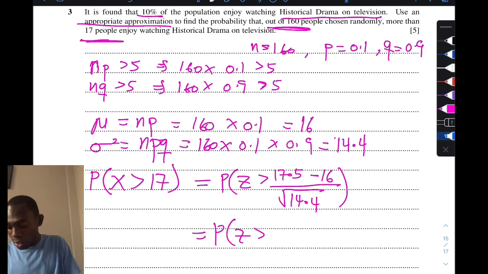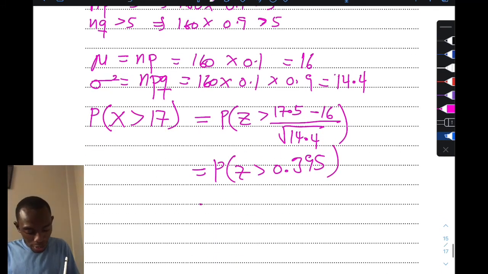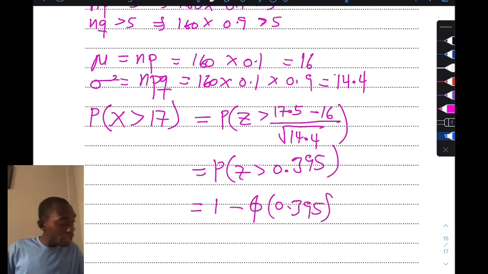All right, and then z will be greater than. Now this part, just put it on the calculator, and you should be fine. And according to the calculator, you should get 0.395. Okay, so this means 1 minus phi of 0.395. So 0.3 from the table, 0.3 against 0.9, that would be 0.6517, plus, and then finally we add 0.0005 to that, that is 0.6536.